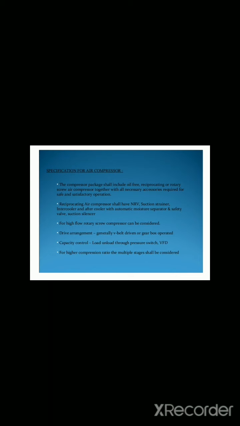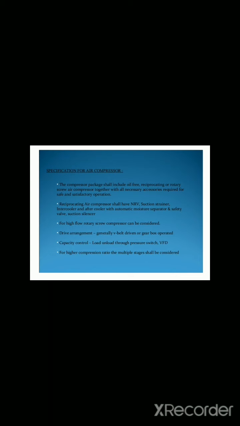Second point is reciprocating air compressor shall have suction strainer, intercooler and aftercooler with automatic moisture separator and safety valve, and silencer. Next point is for high flow, rotary screw compressor can be considered for single stage and multi stage compressors.